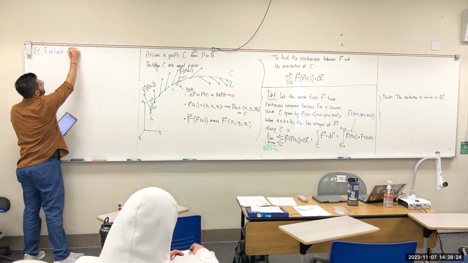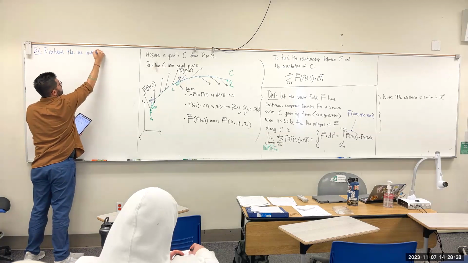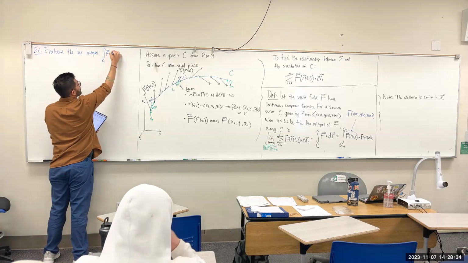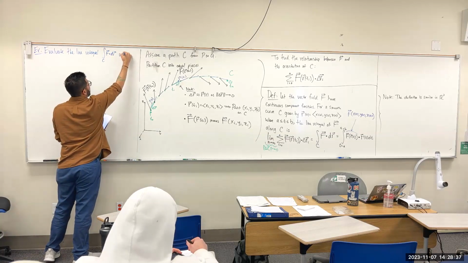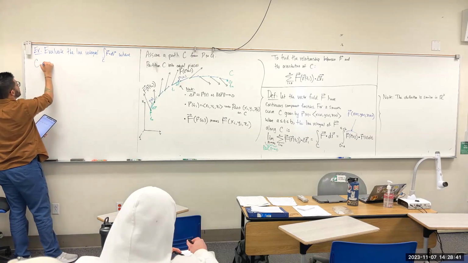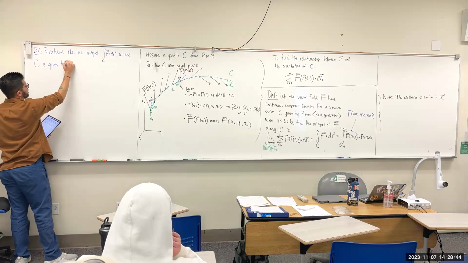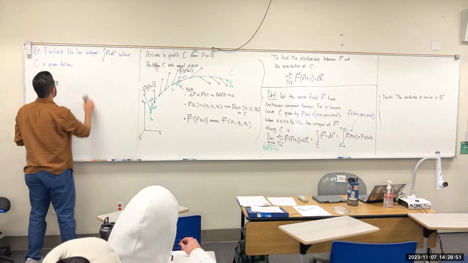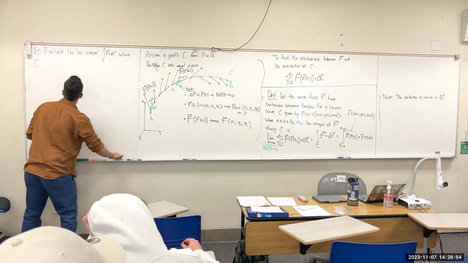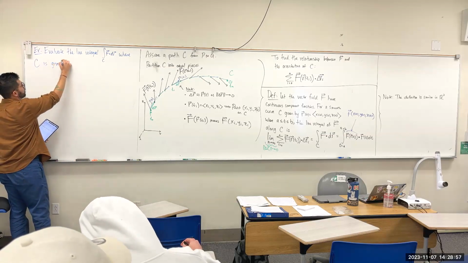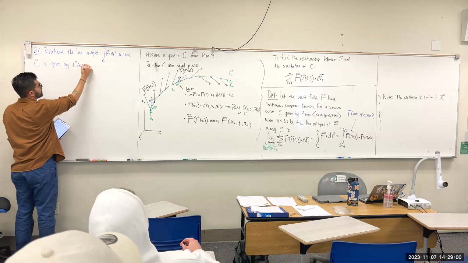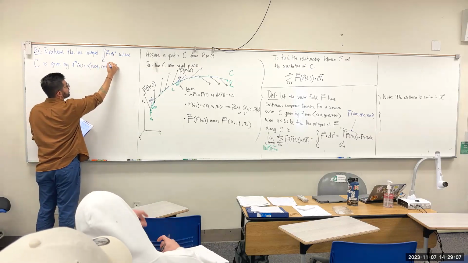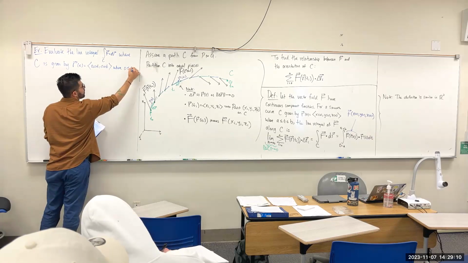So let's say evaluate the line integral of f dr along C, where C is given by r of t, this is a two-dimensional example, cosine of t, sine of t, where t ranges from 0 to pi over 2.